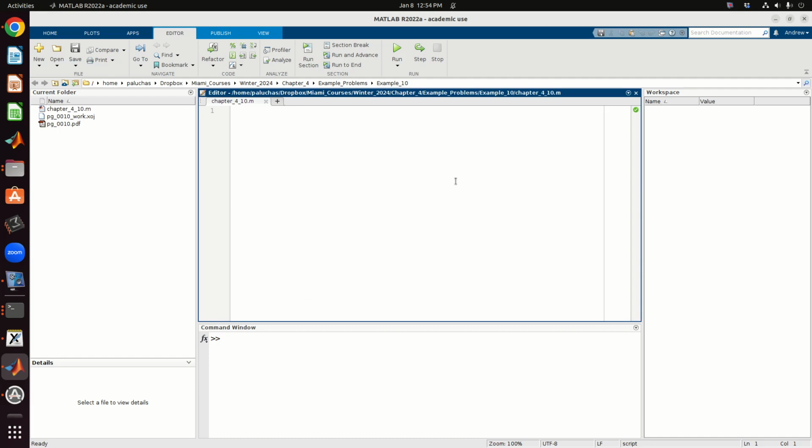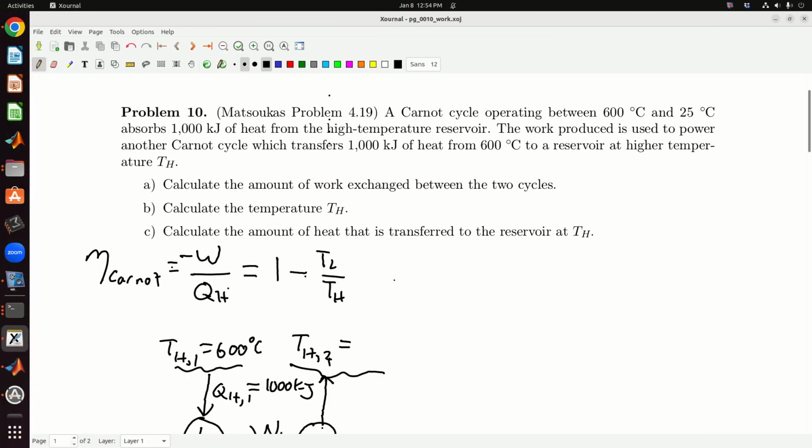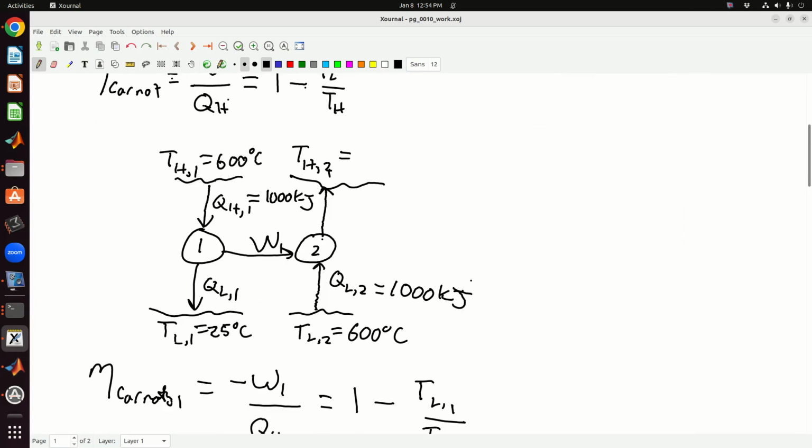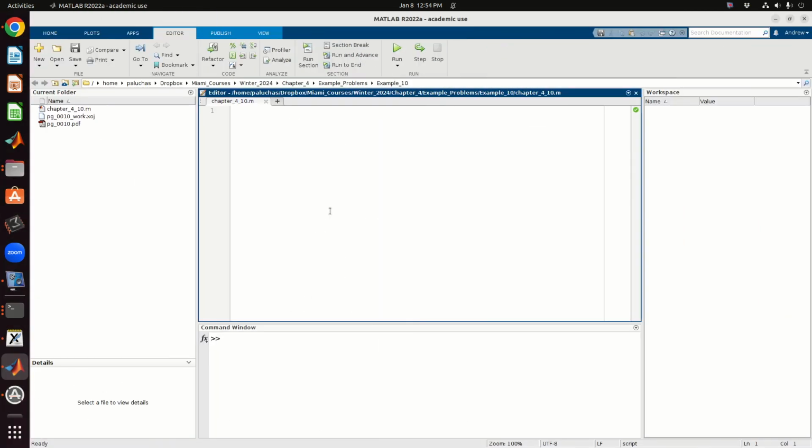And I'm going to start by just assigning the quantities that were given in the problem that we need to perform our calculations. So TH1 was 600 degrees C, and I'm going to add to it 273.15 to convert it from Celsius to Kelvin, since when I perform my calculation of my Carnot efficiency, I have a ratio of temperatures.